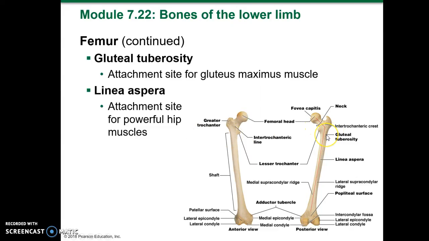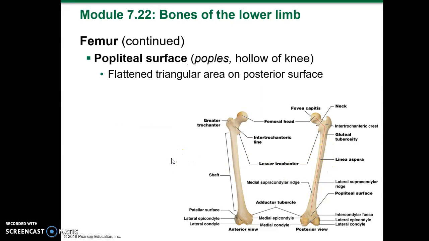You have the gluteal tuberosity. This is the attachment site for the gluteus maximus muscle. And the linea aspera, which is the attachment site for the powerful hip muscles. The popliteal surface at the posterior view is a flattened triangular area.